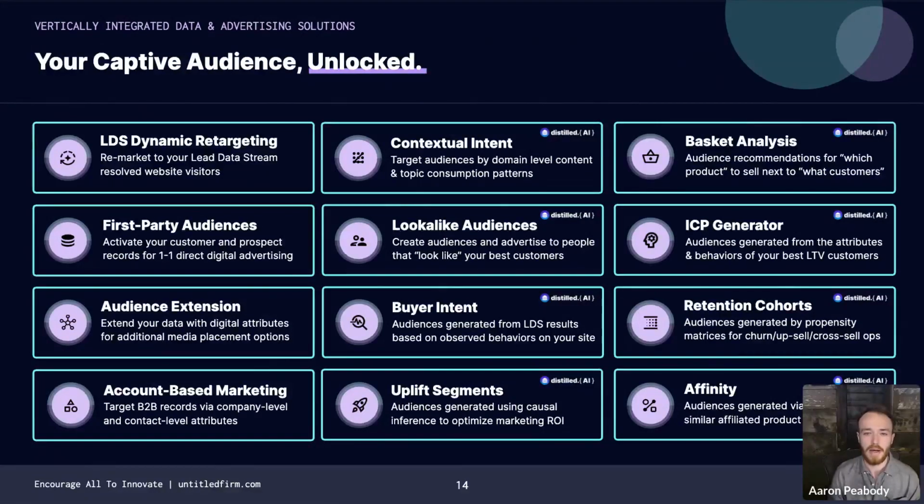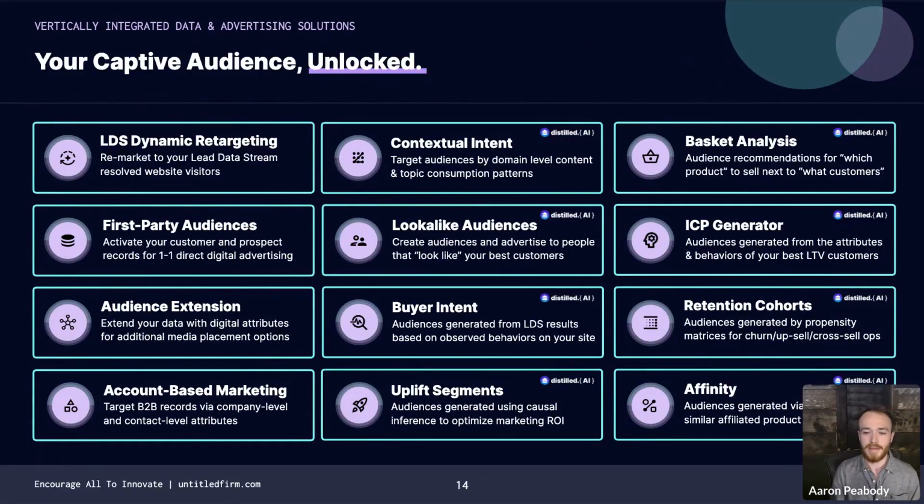And so something like an ICP generator model in Distilled, we onboard someone's Shopify data. We look for patterns and trends of their highest LTV customers. And then in both second and third party data sets, we match that up. And then subsequently roll up audiences that they can dynamically target in advertising and emailing systems.